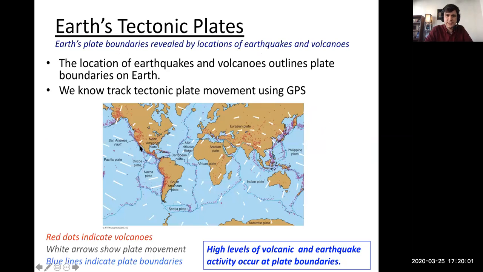So you can see by the location of where earthquakes are, they're going to be mapping out where plates are grinding against one another or running into one another. Also, these are the locations where you are going to see most of your volcanoes. So if you have a crack in the crust, a gap in the puzzle pieces of Earth's crust, it gets pretty easy for magma to come up through there. So it's a natural location for volcanoes.